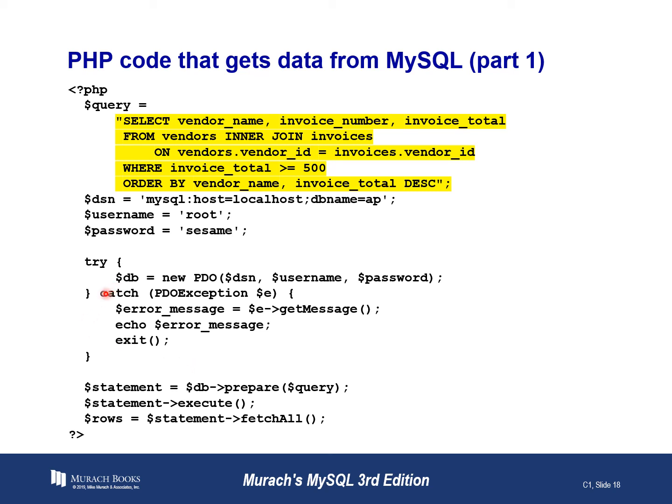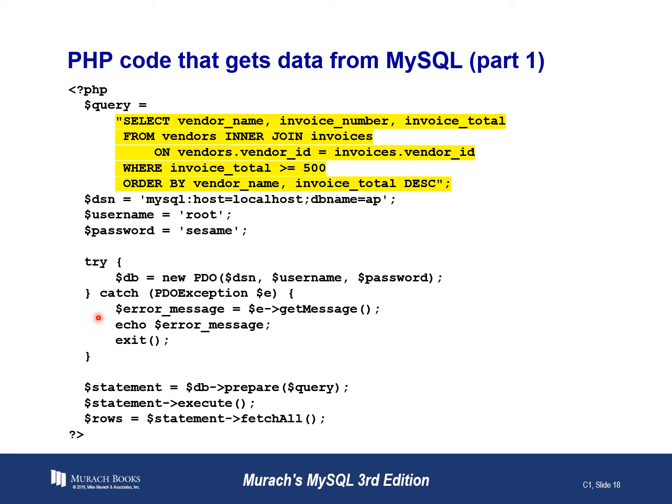Here we are saying try to create a new PDO object. That is a PHP Data Object, and you pass in these values: the DSN, the username, and the password. That will actually create an object of type PDO, and $db is going to be pointing to that.